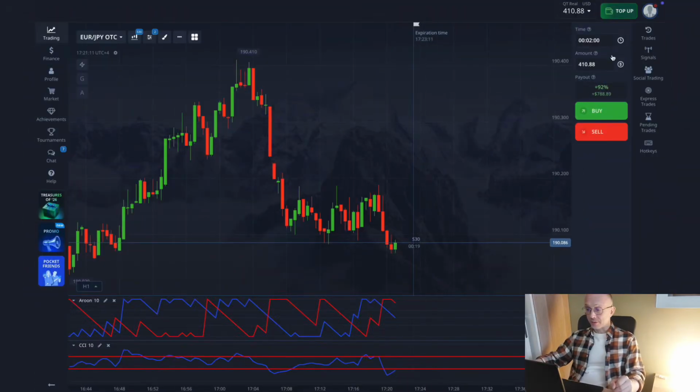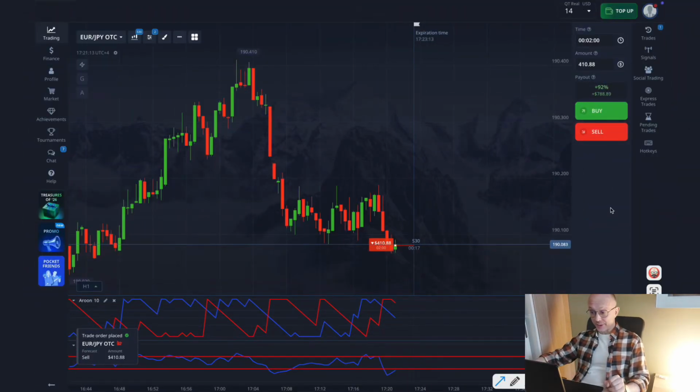After a short interval, the following scenario develops. Expiration is 2 minutes. And I'm opening a short trade for $410. Now, the chart clearly shows a small section of sideways movement where the price was compressed for some time and couldn't choose a direction.